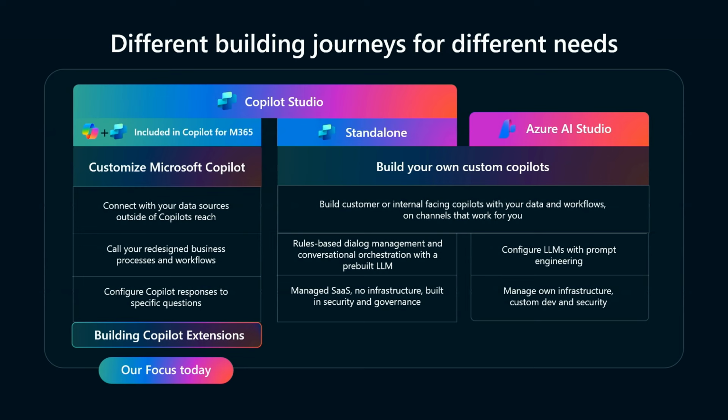We're peanut butter and jelly here. So everything works together. So if you build something over in Azure AI Studio, if you're hosting it in Azure, you can use that inside Copilot Studio and invoke that as part of your extension. So everything's going to work together and be very composable. And like I said, our focus today is going to be on building Copilot extensions in Copilot Studio.